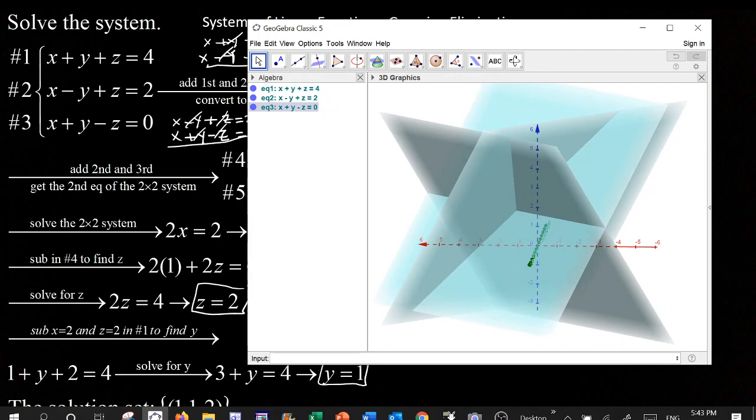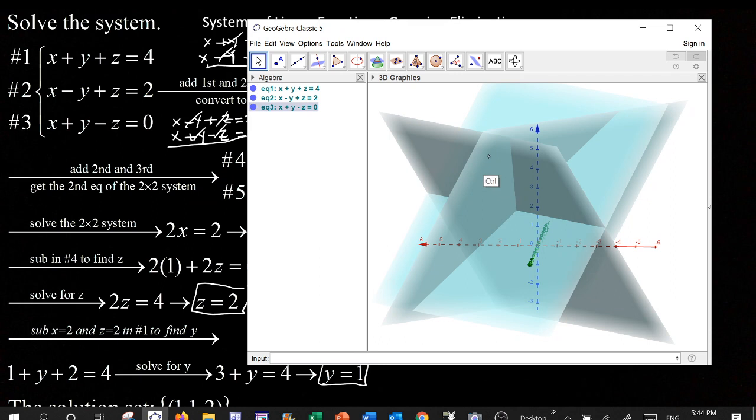Notice that all three of them intersect at that point. And that point is the solution of that 3 by 3 system, which was what? 1, 1, 2. So notice that that point is in the direction of x, 1, and from here, if you go up, you get to that point. And that point in space is actually 1, 1, 2, which is the solution for this.